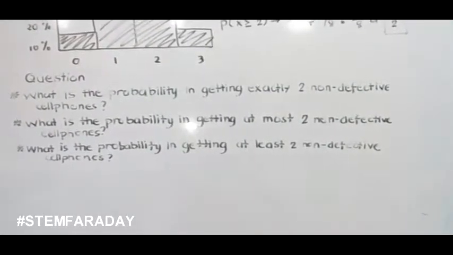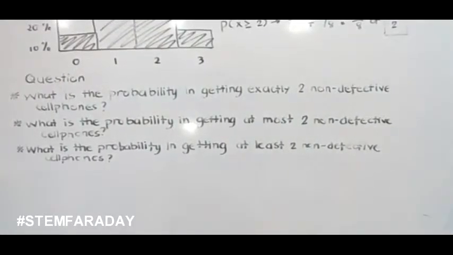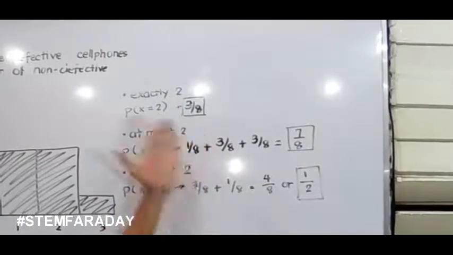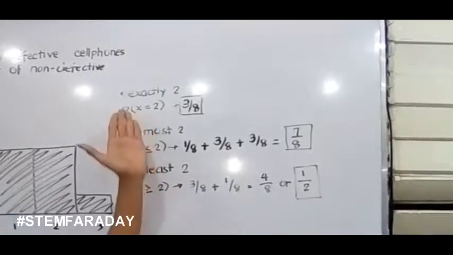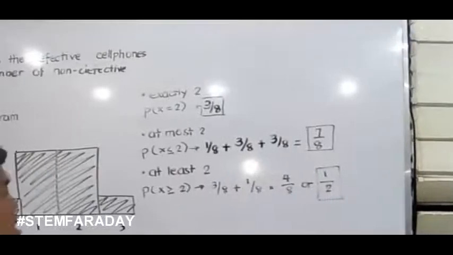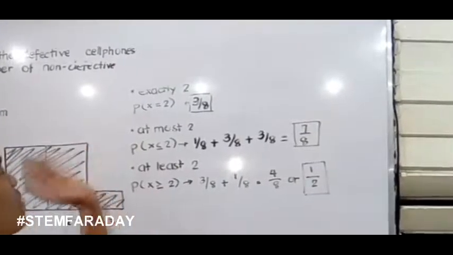At most 2, or P of X less than or equal to 2, or 0 to 2, which is equal to 1 over 8 plus 3 over 8 plus 3 over 8 is equal to 7 over 8.